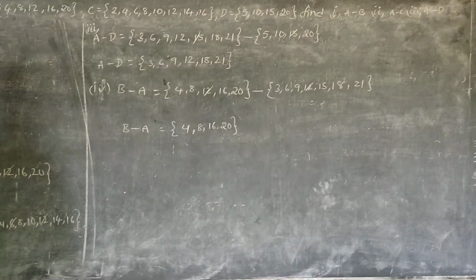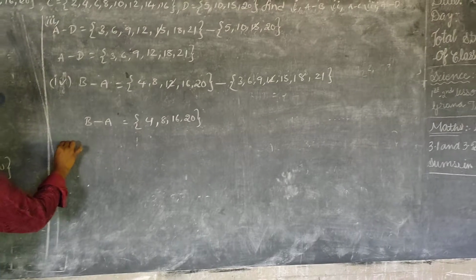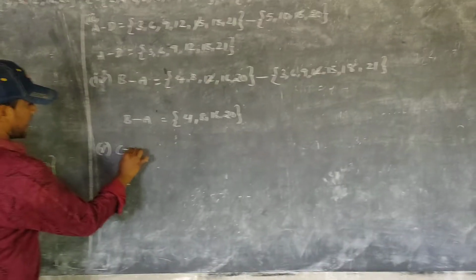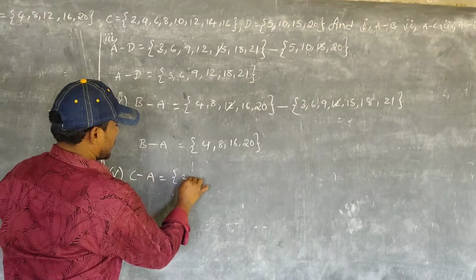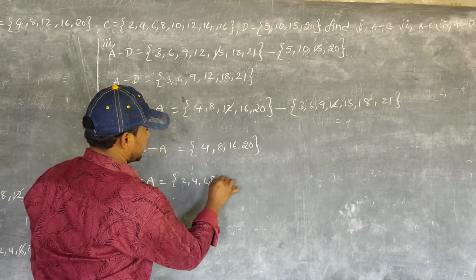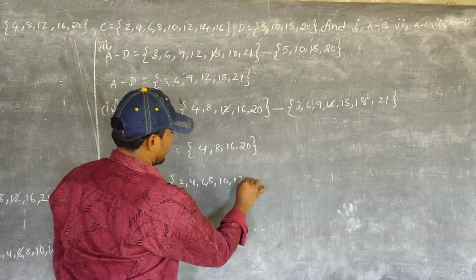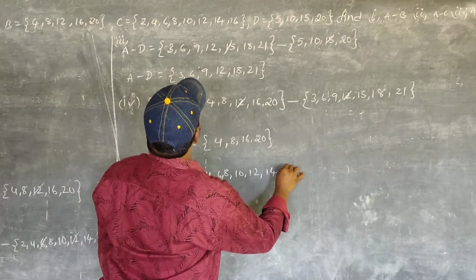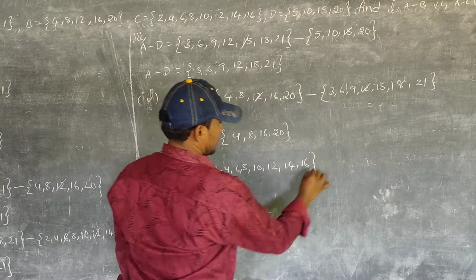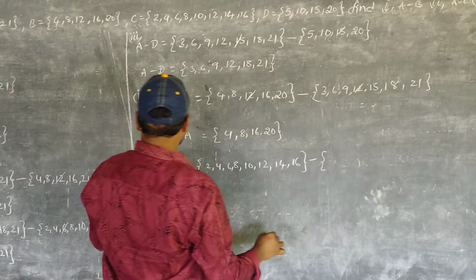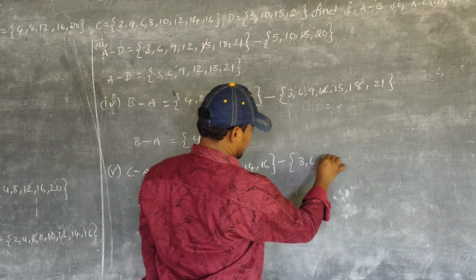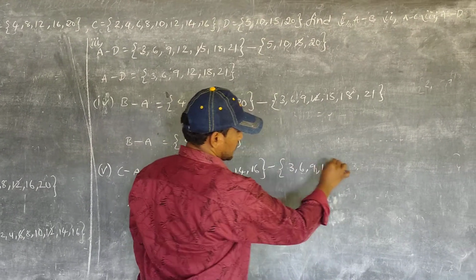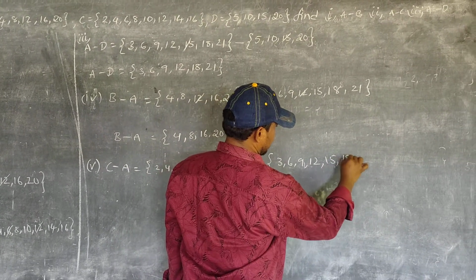Next is the fifth one: C minus A. Set C is given: 2, 4, 6, 8, 10, 12, 14, 16, minus A. What is set A? 3, 6, 9, 12, 15, 18, 21.